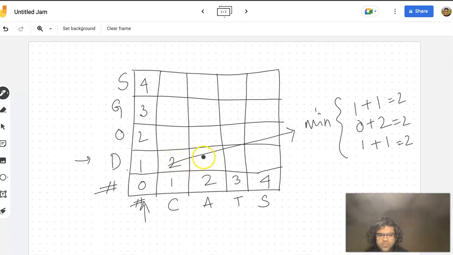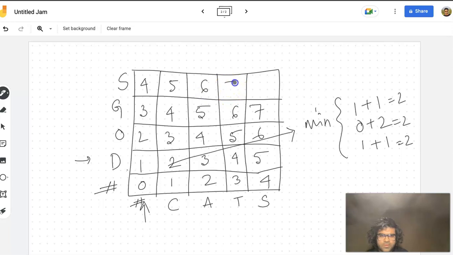Similarly, if we go, it will be 3, it will be 4, it will be 5. Similarly, if you fill this thing, it will be 3, 4, 5, 6. Again, it will be 4. This will be 5. This will be 6. This will be 7. This will be 5, 6.